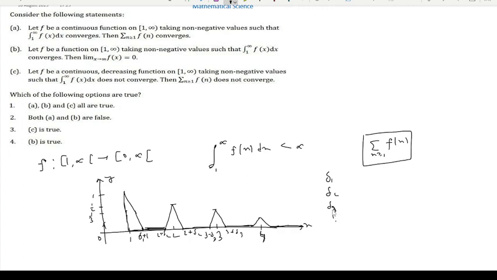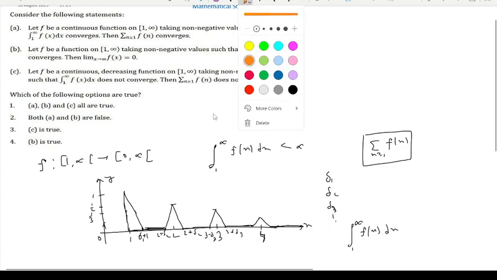Now let us calculate this integral from 1 to infinity of f(x) dx. If we calculate this integral, then clearly this will be our area, and the area is divided into some parts. This is clear here.